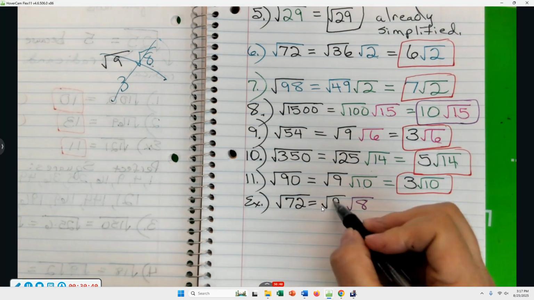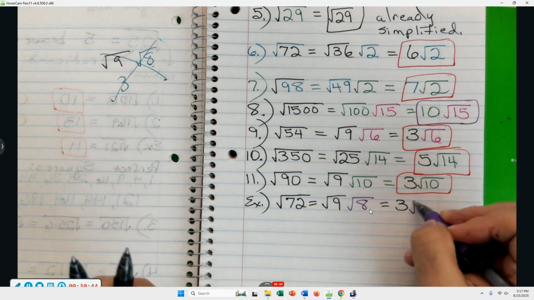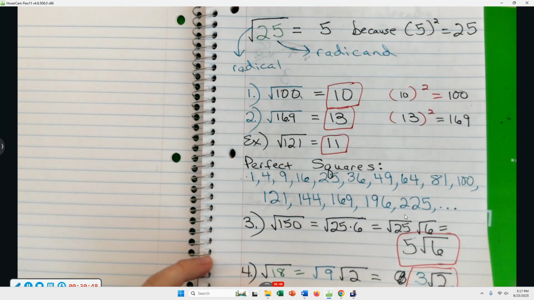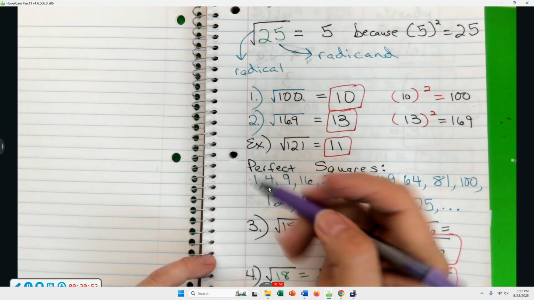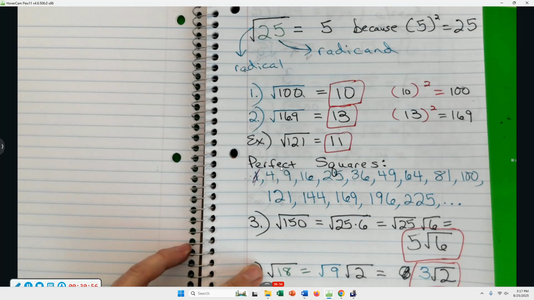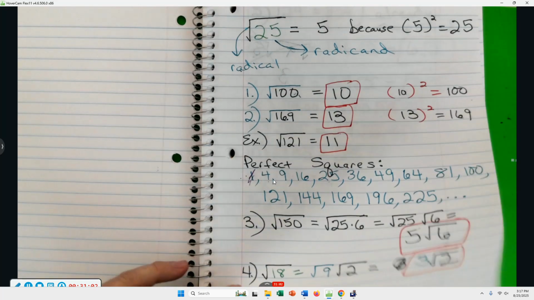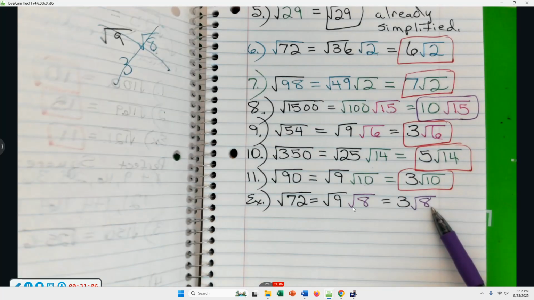The square root of 9 is 3. The square root of 8. Look at this list. Does one of these numbers divide evenly into 8, other than 1? I'm just going to mark off 1 because you never want to use 1. I think 4. 4 times 2 gives you 8.